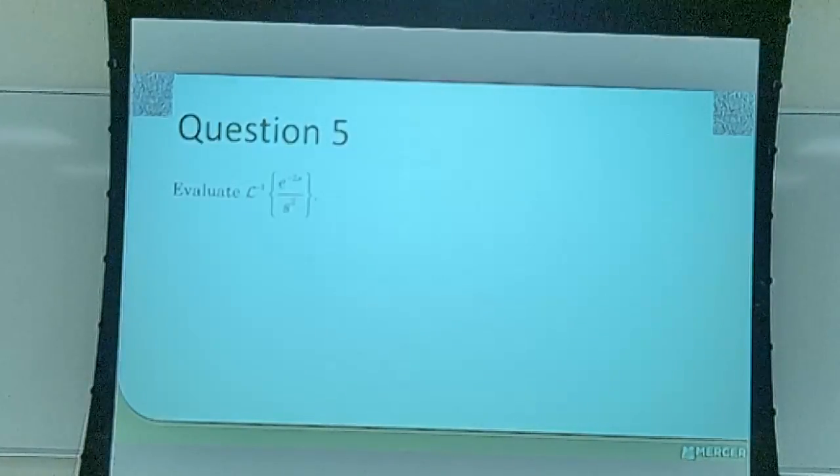Inverse Laplace transform. Well, look, can't you write this? Here's where we have to use the second shifting theorem.